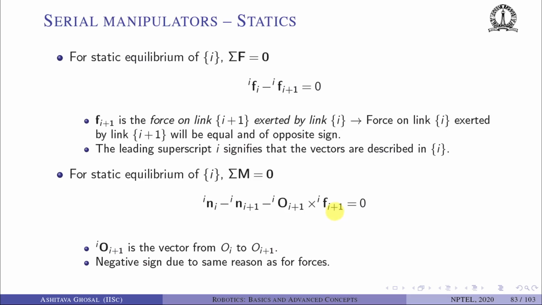So equal and opposite force is acting on link i. Okay, so again the negative sign is due to the same reason as for forces. So we have these two equations, sum of the forces acting on link i equal to 0 and sum of the moments acting on link i equal to 0.